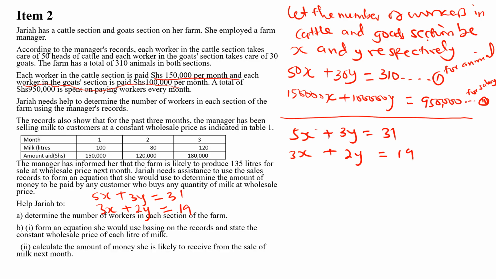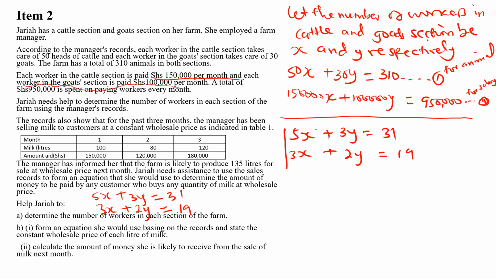Now we have different methods of solving simultaneous equations. We have the matrix method, the graphical method, the substitution method, but the best and simpler method here is elimination, and elimination is all about removing. If I'm intending to eliminate y, it means that on subtraction I should be having the same values of y.